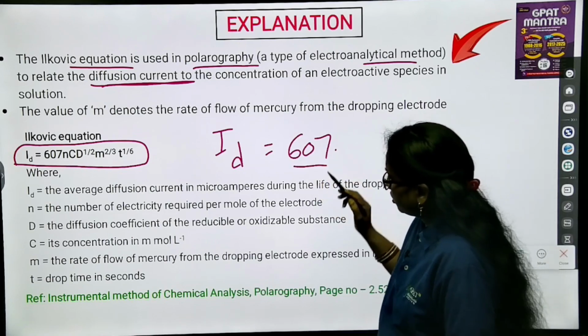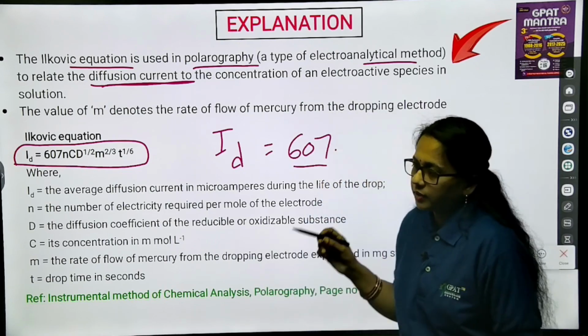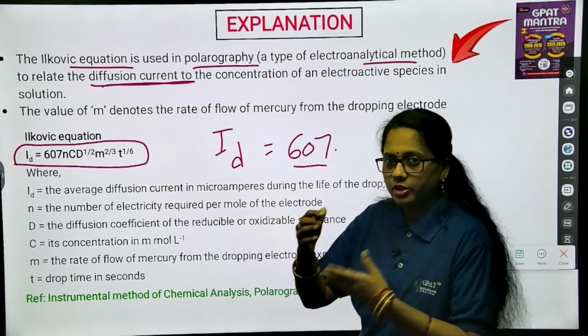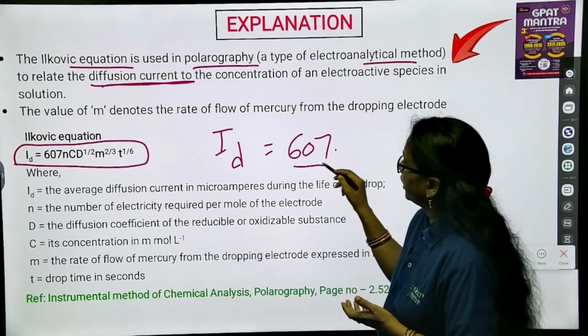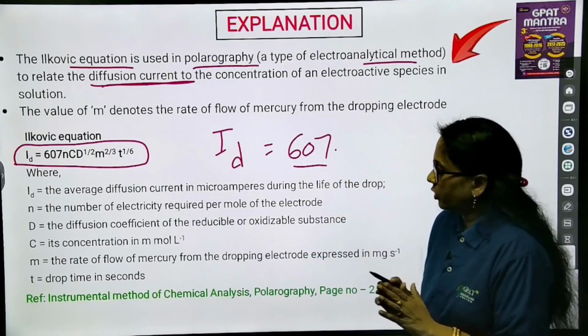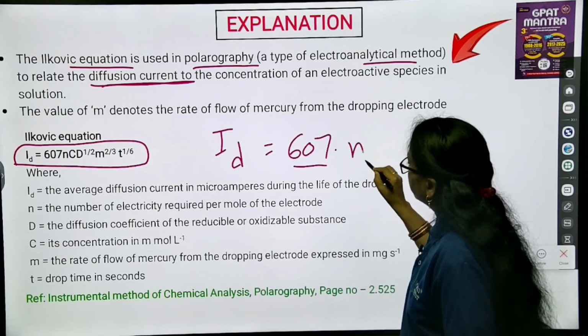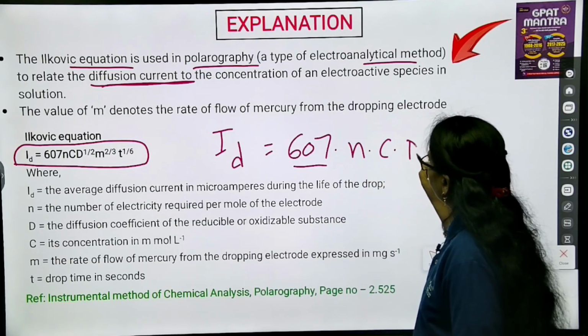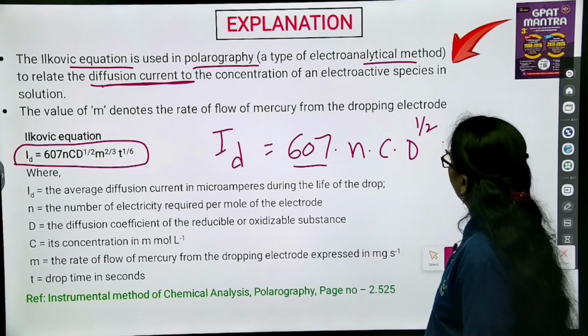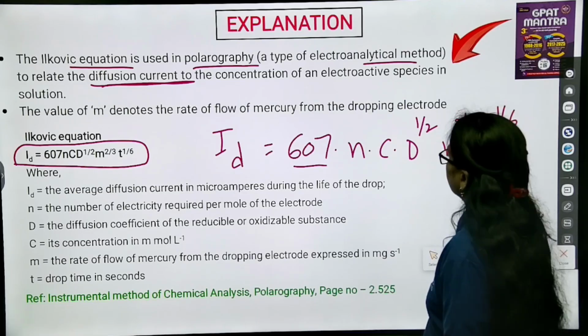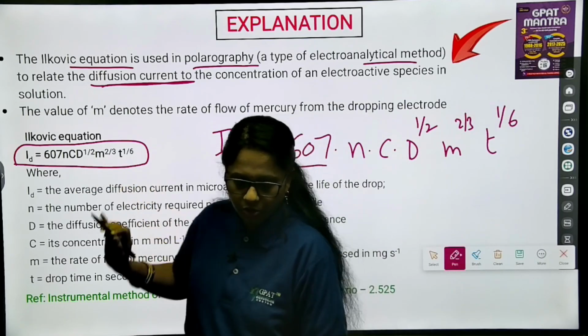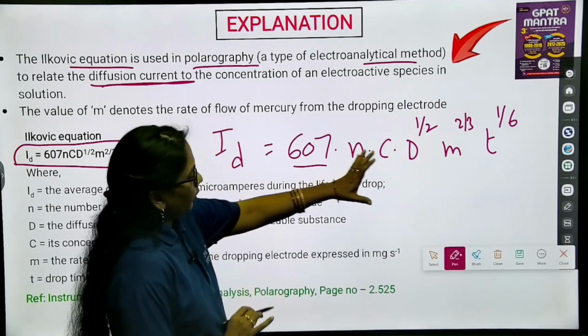Related to the mercury, they have considered the specific gravity, all the masses and everything, and clubbed them into one constant value, and then n into C into D to the power of 1 by 2, m to the power of 2 by 3, and t to the power of 1 by 6. Because this is somewhat small, I have written it elaborately here.